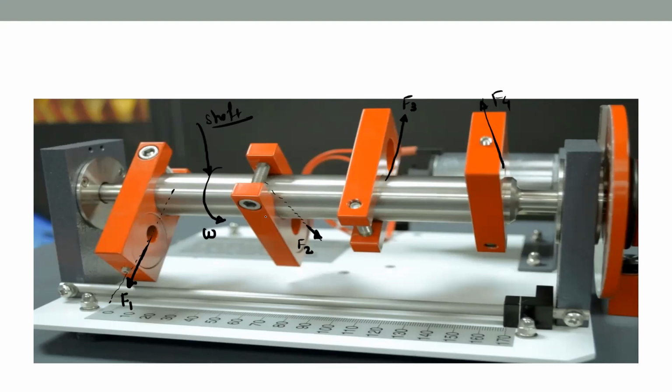In order to minimize that vibration, we need to remove all these unbalanced forces by adding some counter masses. The magnitude of these counter masses and their direction we can find by using the graphical approach or the analytical approach.